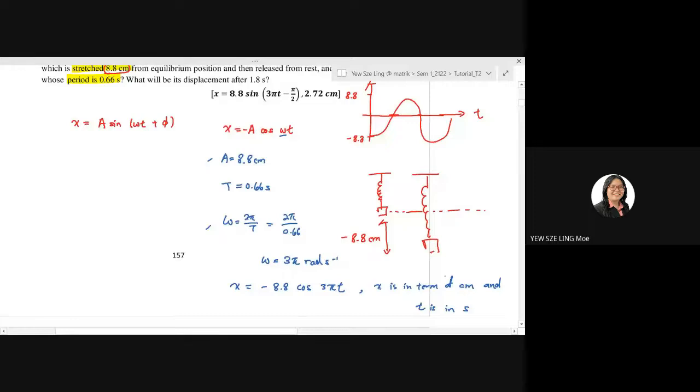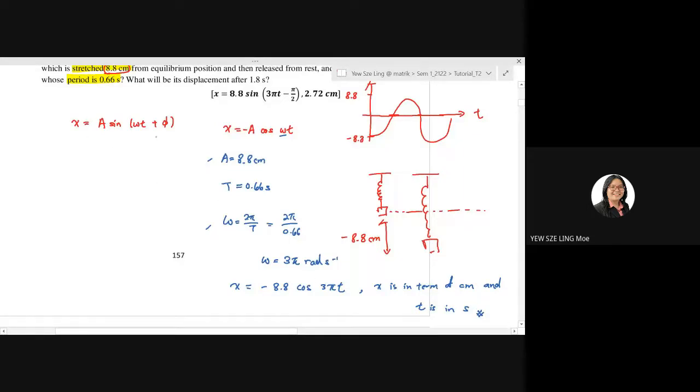You need to state the quantity and the unit here. After you form the equation, you state that they are in terms of cm and second, because sometimes the questions will give you x in terms of meter and so on. So remember to state the unit in your final answer.